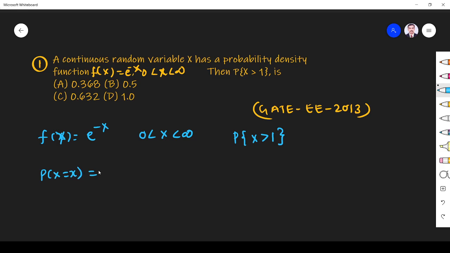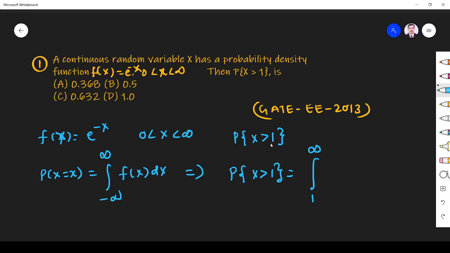then probability is given by the integral from minus infinity to plus infinity of f of x dx. So what we have to find is p of x greater than 1. So the limit varies from 1 to infinity, where f of x is e power minus x dx.